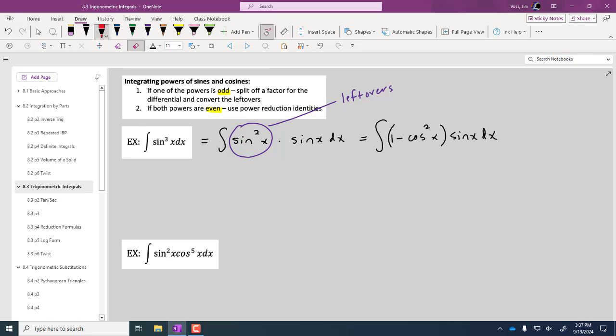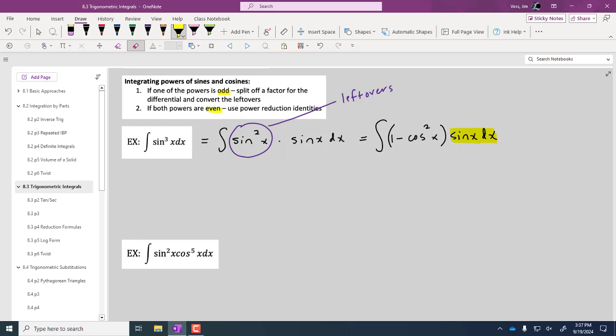Because our goal is to pick a u so that its derivative is going to be the piece that we split off and paired with the differential. So if we put a sine over with the differential, we want to let u be cosine, because the derivative of cosine is negative sine, so it's going to grab the sine.